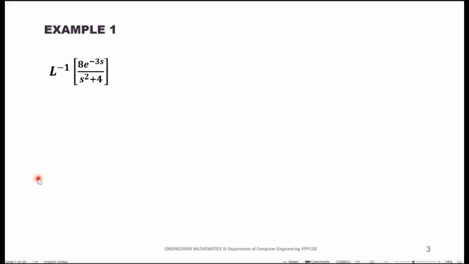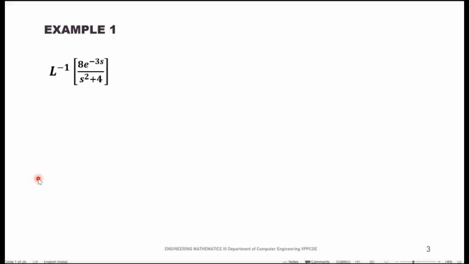L inverse of 8 e raised to minus 3s upon s square plus 4.